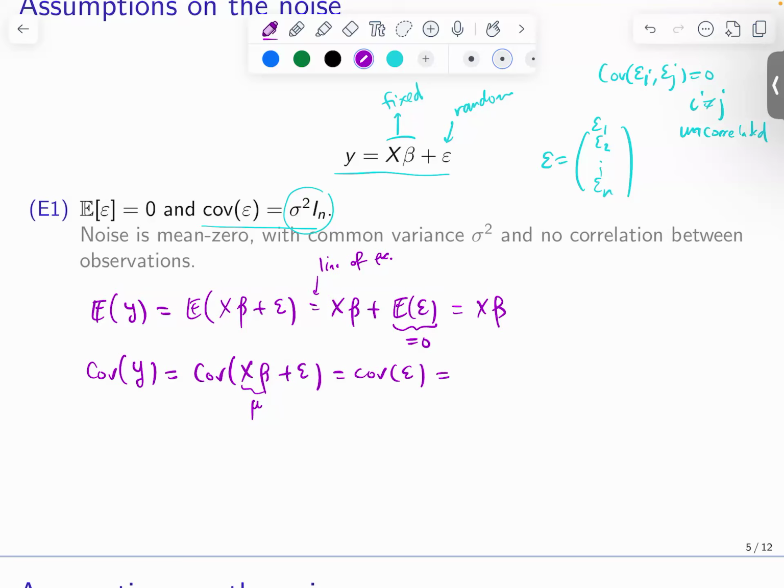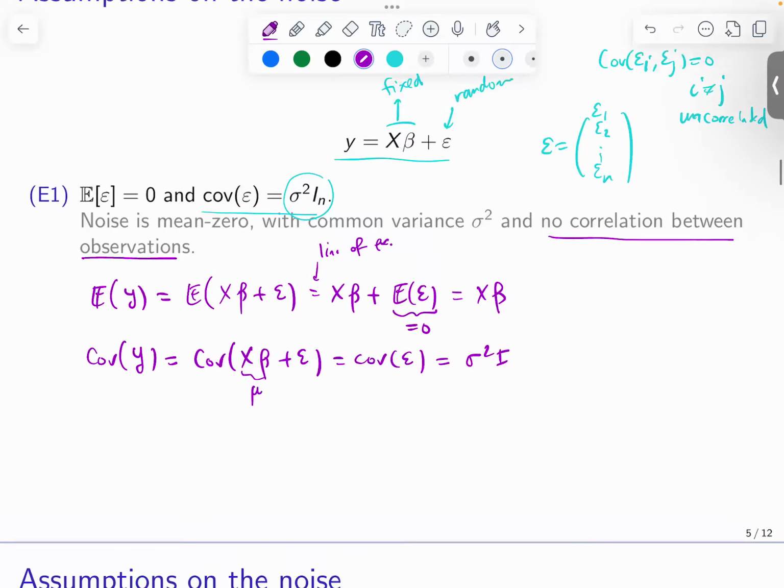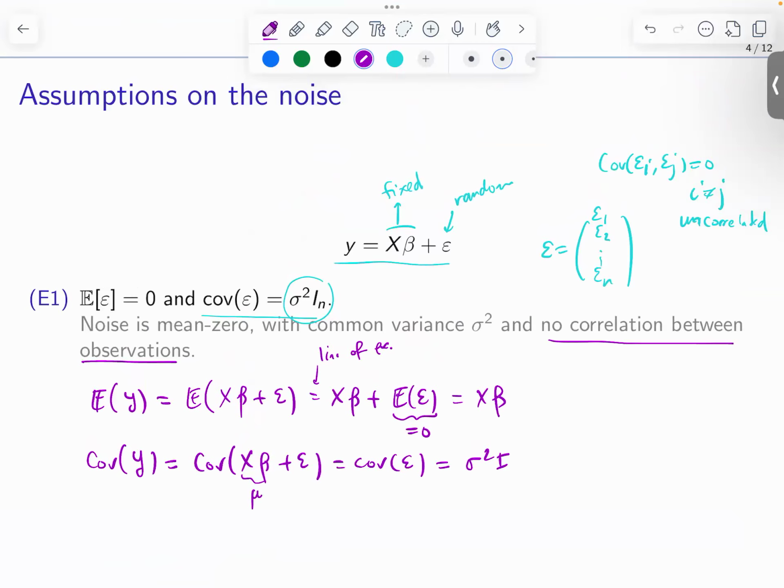So the covariance of y is going to be sigma squared I. So it has the same covariance structure, which means that there is no correlation between the observations. This is a statement about y, so the coordinates of your observations are not correlated. It's inherited from the assumption about the noise, and also the variances of them are the same. Equal variance, no correlation. This follows from the assumption. Okay?